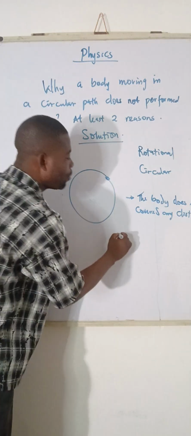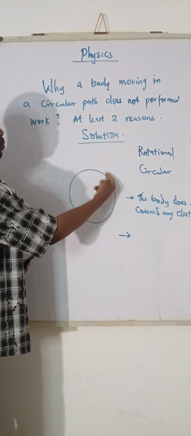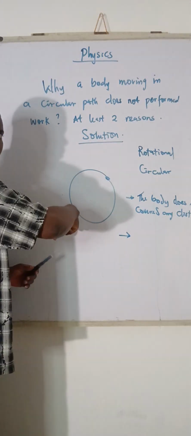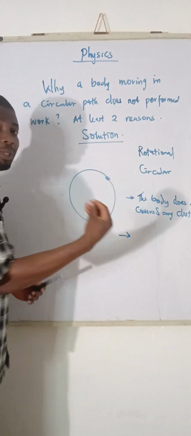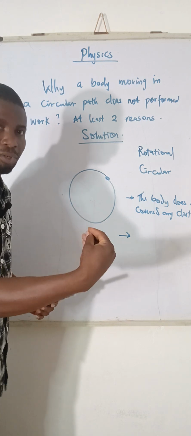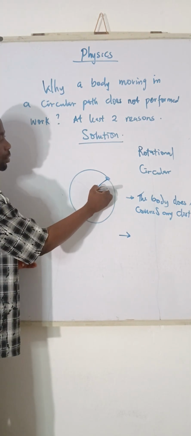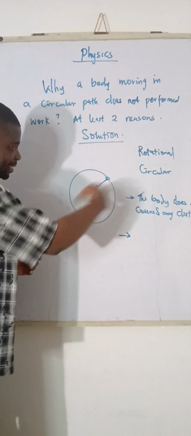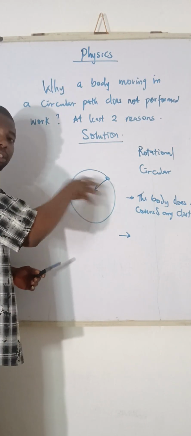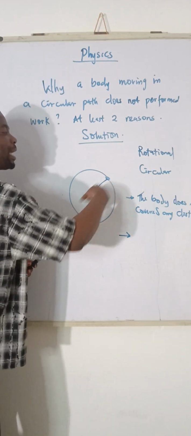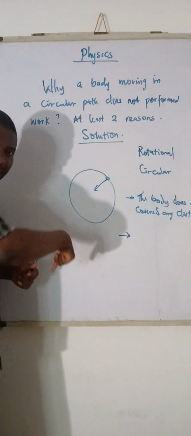Then number two, that will give you a clear understanding, is that anytime an object is moving around the circle, that body would definitely have a centripetal acceleration and centripetal force. At every point of the circle, the centripetal acceleration always directs the body into the center.